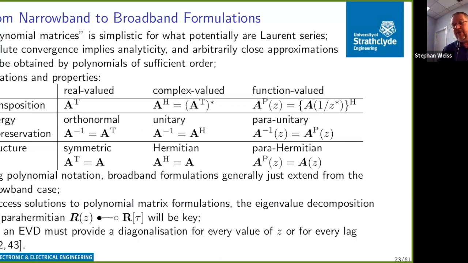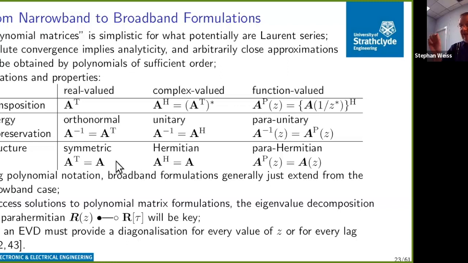If you want to preserve energy, then in the real valued case, we demand orthonormality. That turns into unitarity in the complex valued case and to para-unitarity in the function case.